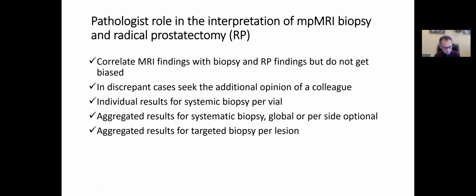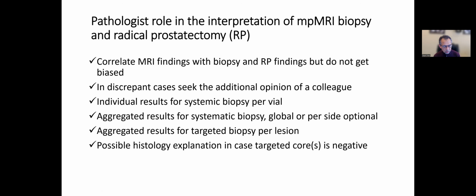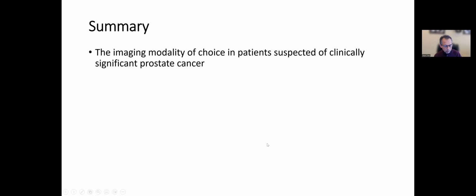So you are likely going to see very significant areas of the prostate cancer, and in that situation providing a global or aggregated result can improve the correlation with the final pathology. And you should provide a possible histologic explanation in case a targeted core is negative, because that can provide information to radiologists about potential false positive targets.